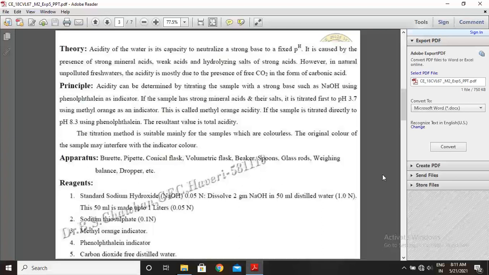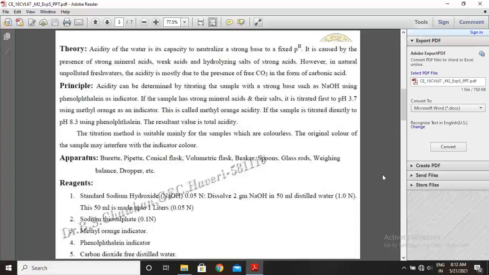Theory about the acidity of waters. Acidity of the water is its capacity to neutralize a strong base to a fixed pH.